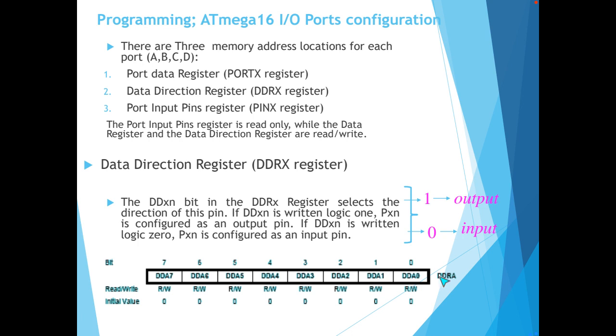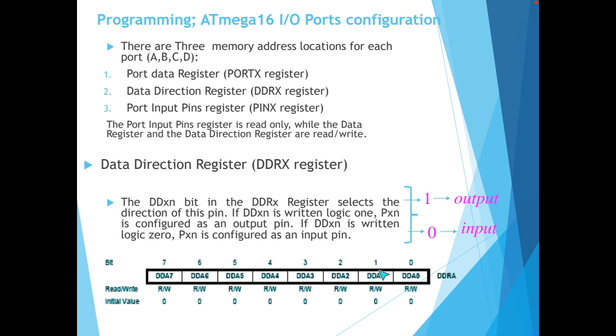So the DDXn bit in the DDRX register selects the direction of this pin. If DDXn, meaning each of these bits, is written logic 1, as you see, that pin is configured as output.